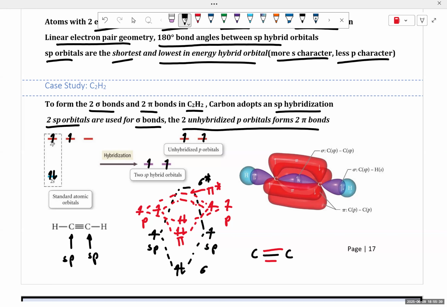So looking at this orbital diagram, the sigma bond is formed via the overlap of the two carbon sp hybrid orbitals, while the pi bonds are formed via the overlap of the carbon 2p orbitals, perpendicular to the bond axis.